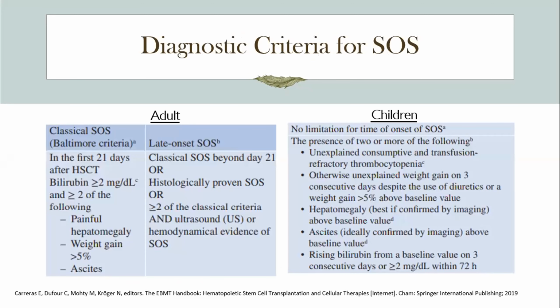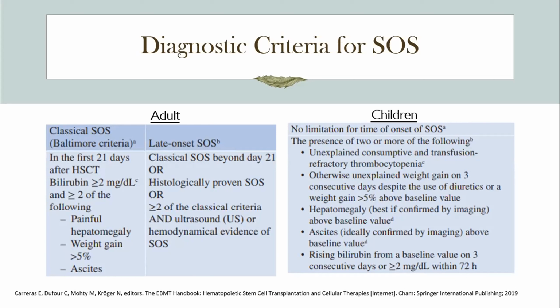The diagnostic criteria include the Baltimore and the Seattle criteria. I'm going to show you the Seattle criteria in a moment, where there are criteria for adults and for children. In adults, we look at whether this is occurring within 21 days of transplant or later than 21 days post-transplant.